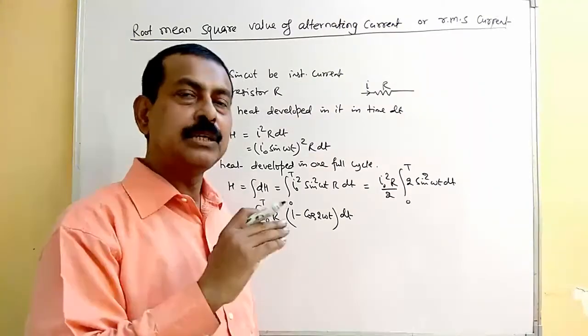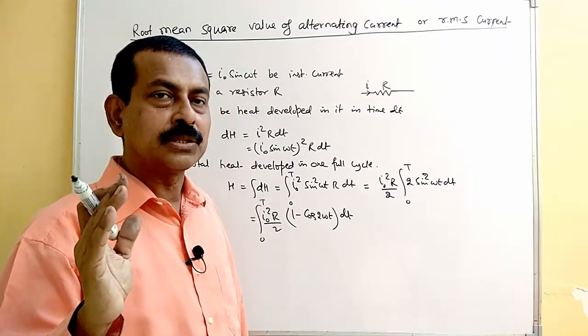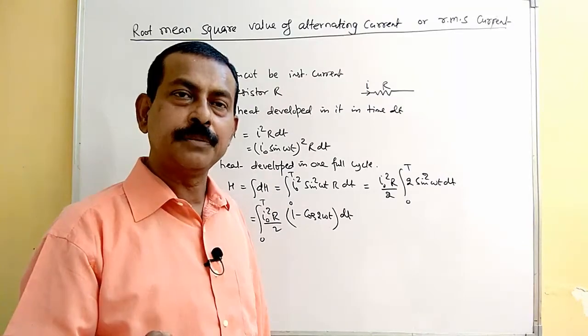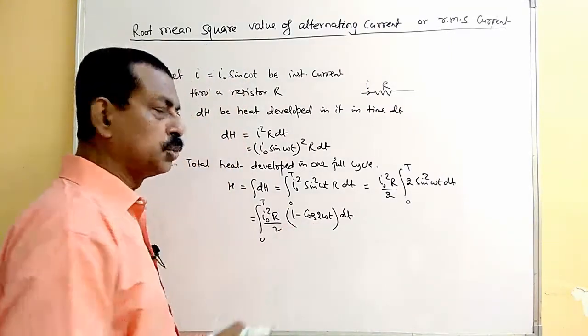So 2 sin square theta will be equal to 1 minus cos 2 theta. That is what we have used here.